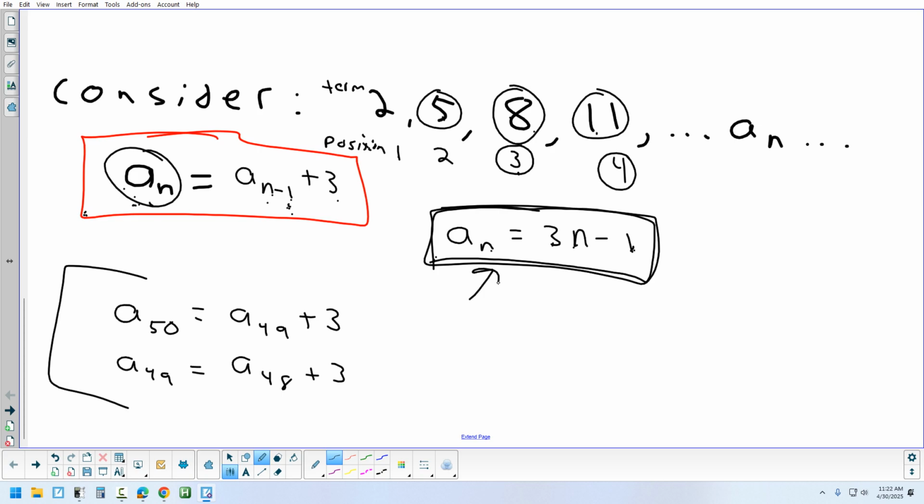Right? And if you're like, well, how did he see that? Then you just take this number and you triple it and you subtract 1. Well, there's a way that for some formulas we can use some hints to figure this out. Some are very hard. Like if you had a sequence where you had to take the number, square it, multiply it by 5, and then subtract 8.